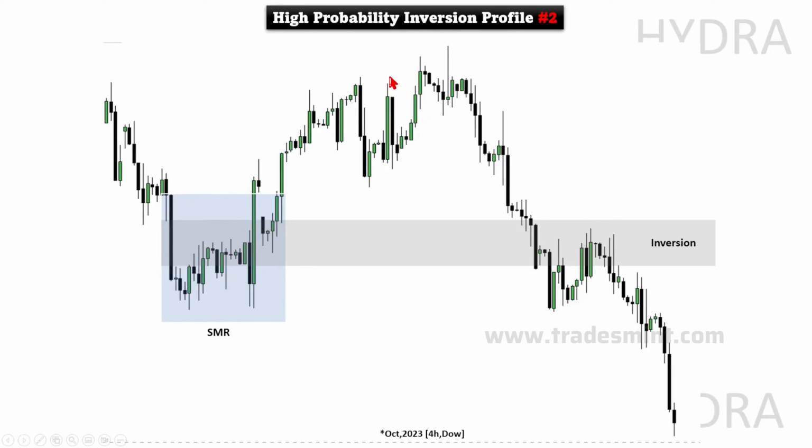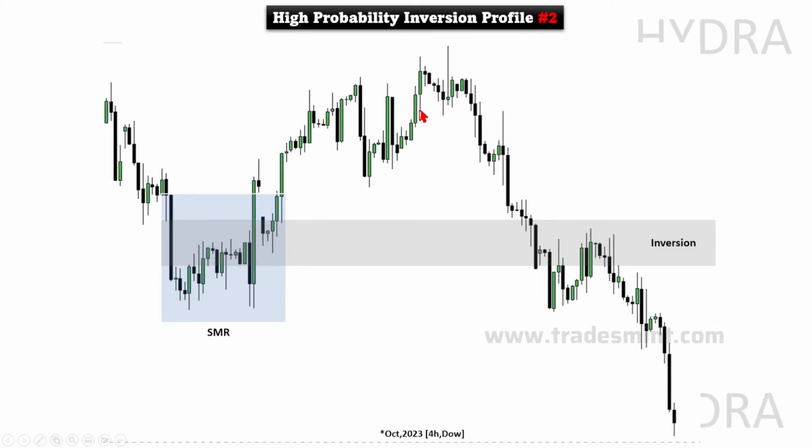So price cleared out an old swing high, right? In our first profile, I told you guys that price will have to go above a key level. That key level can be an old swing high, a premium or discount PDA, or an OTE. So we have our old swing high here. Price went above this old swing high. We have our fair value gap, right? The last fair value gap before price cleared out the swing high here and the swing high here, right?